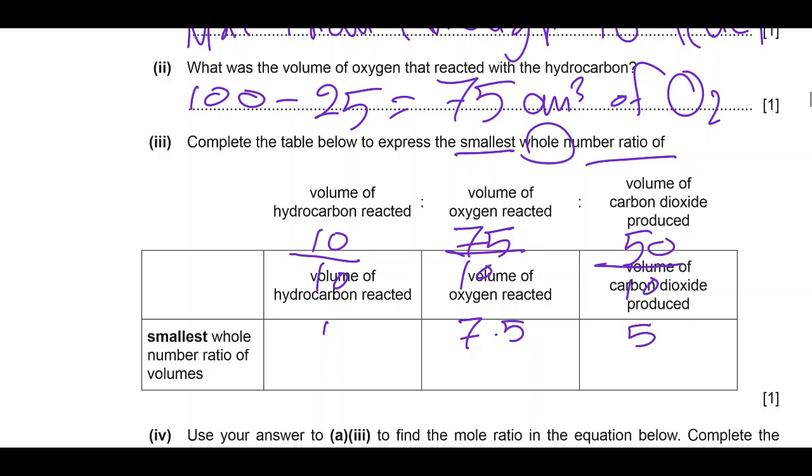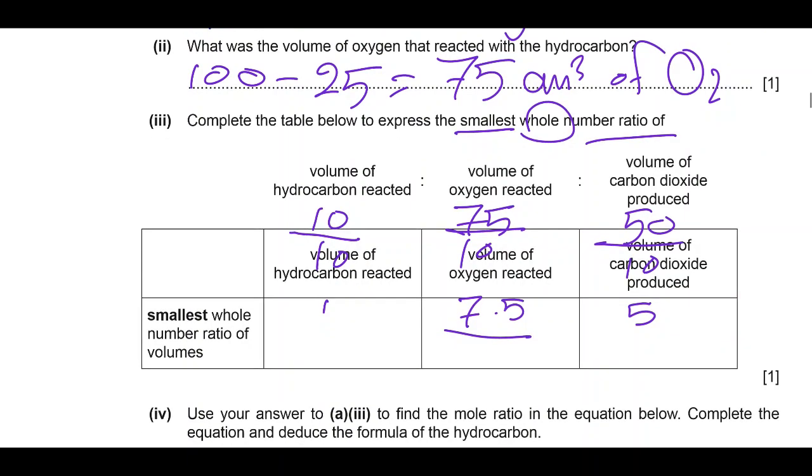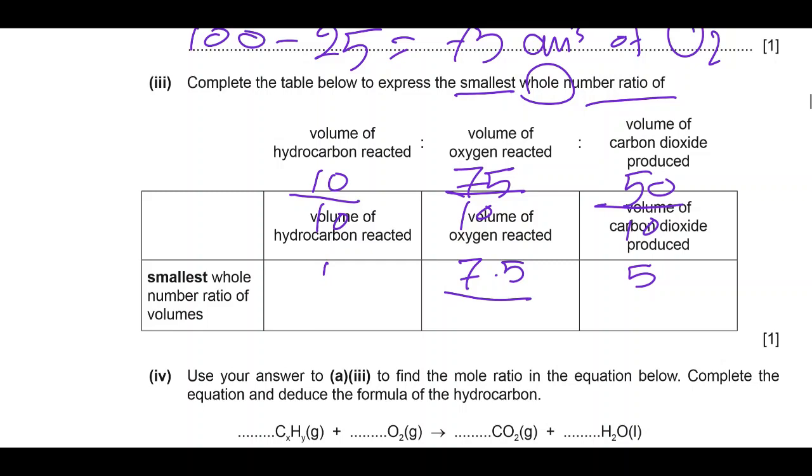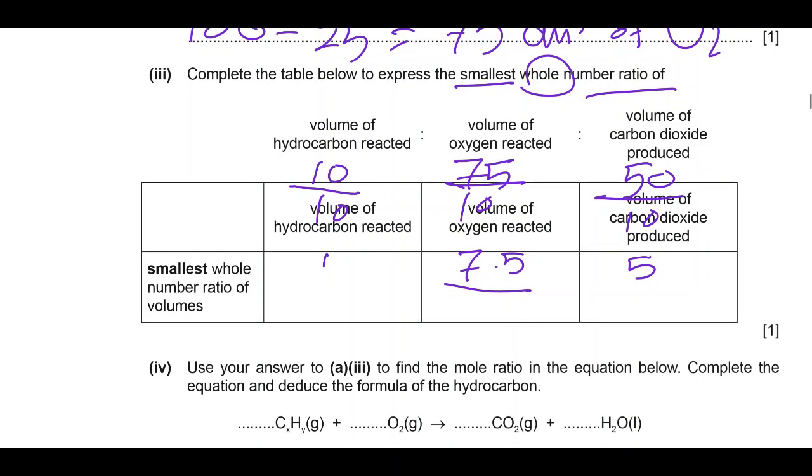Now, this is the smallest ratio, but is it whole numbers? No, because here we have 7.5. To make it a whole number, you need to multiply by 2, and all these numbers should be multiplied by 2. So this one will be 2, this one 15, and this one 10.